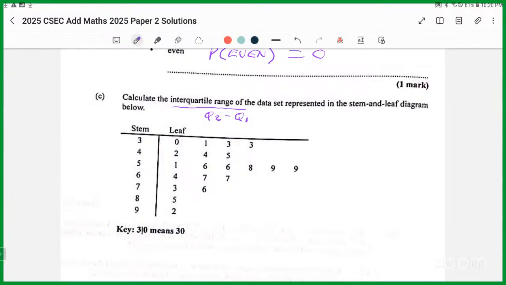The first 10 stops here, so that's the bottom half. The top half is up here. The median would be the two middle values, so you have to average those two if you want the median.